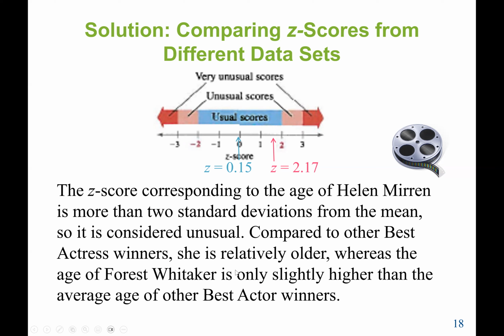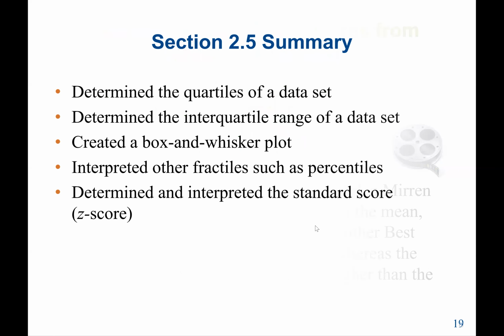With Forest Whitaker, it's only slightly higher than the average age of the actors. So 0.15 is almost close to the mean. Here we are trying to say that the higher the Z-score, the more the value is greater than the mean or far from the mean. That's the whole concept here.